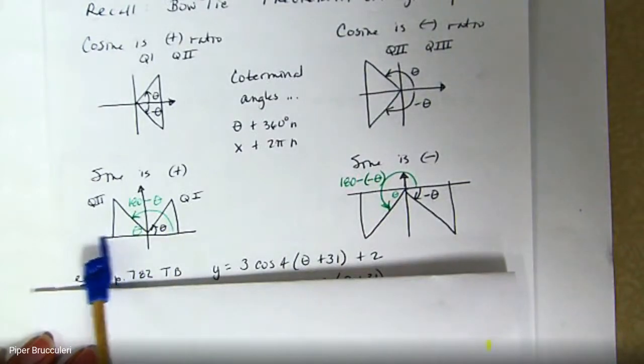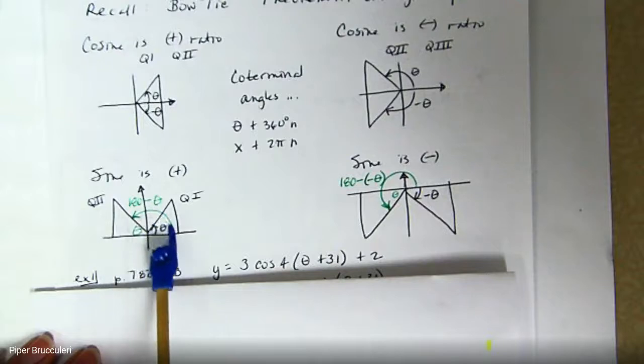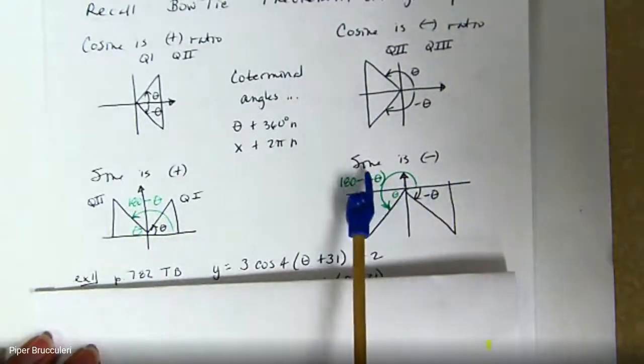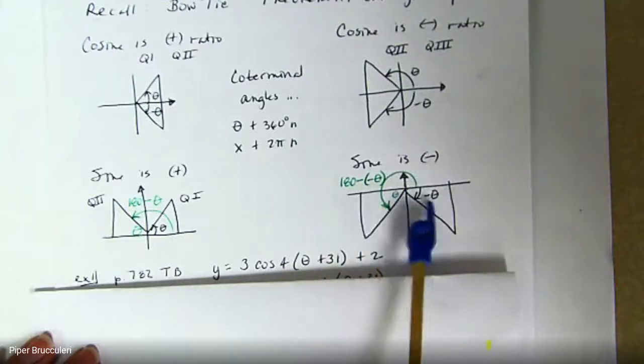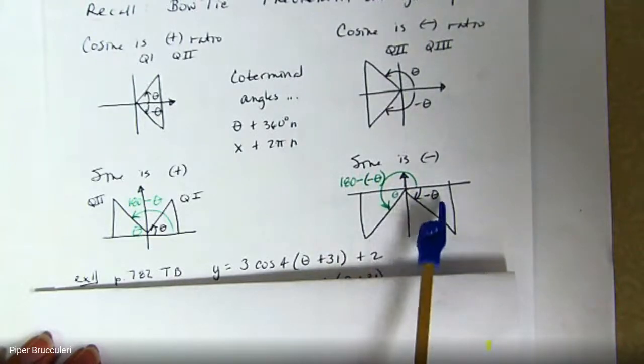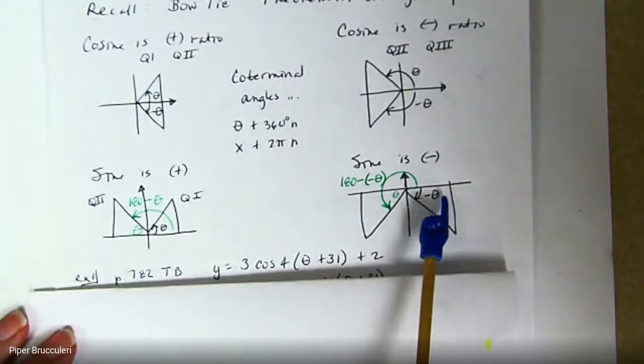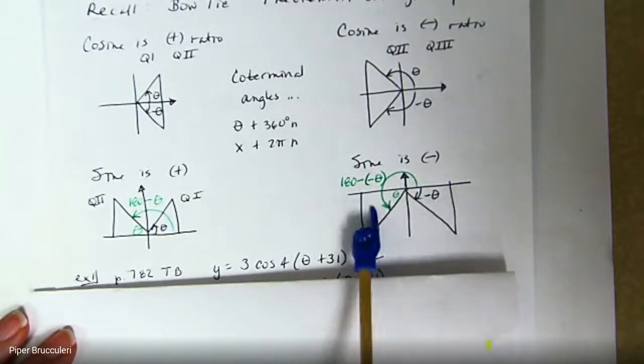So 180 is to here, and you subtract this out, and that's the actual angle, not the reference angle. And then the sine ratio is negative down below. Sine is like y, and so it's negative in quadrant 3 and quadrant 4.